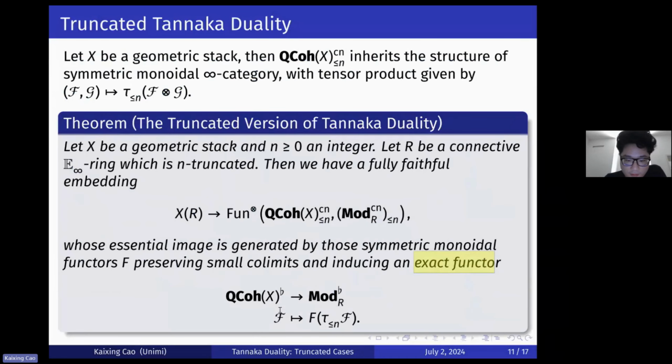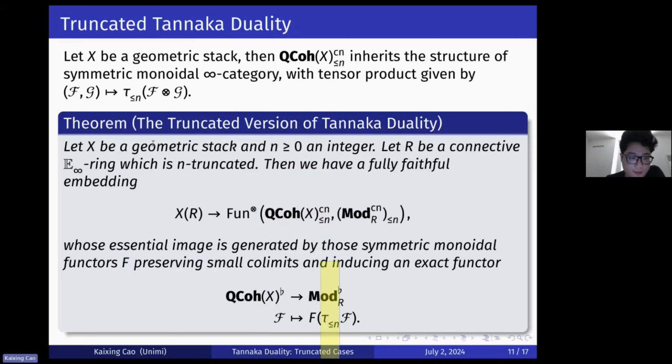Here the functor is given as follows: if we start from the flat quasi-coherent sheaves on X, then we take the untruncation of F, and because this functor, we only know its values on untruncated quasi-coherent sheaves, so we need to take this truncation.